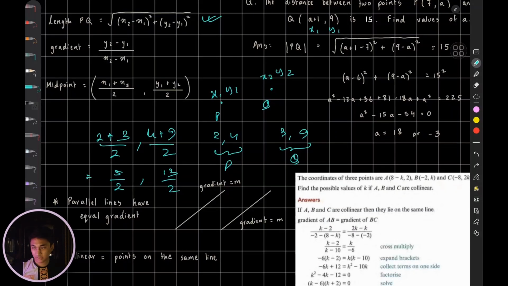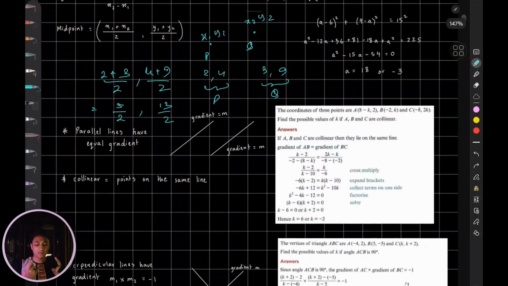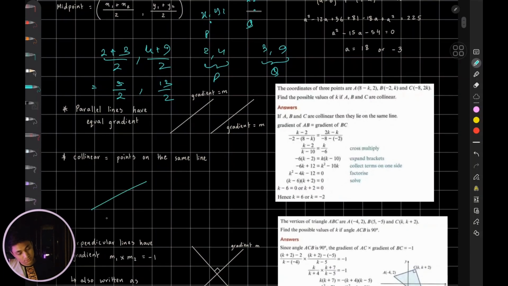Now, talking about gradients, the next thing you need to understand is the idea of having parallel lines and collinear points. So let's say you have these two lines, x and y.